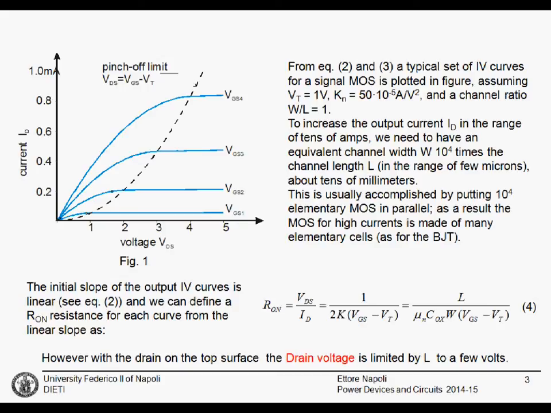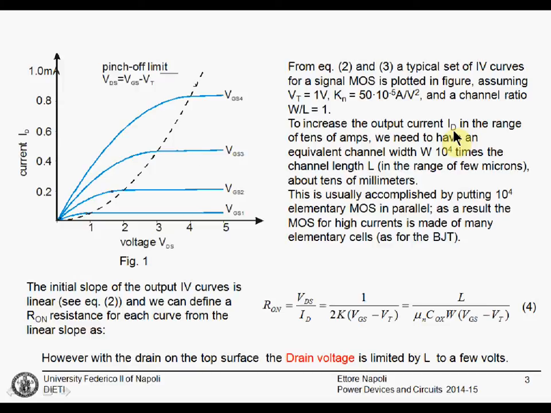In order to have the current that we see, a few milliamps in pinch-off. If we are in the on state, let's say in the triode region here, the current is even smaller. These are typical values for a digital electronics device.